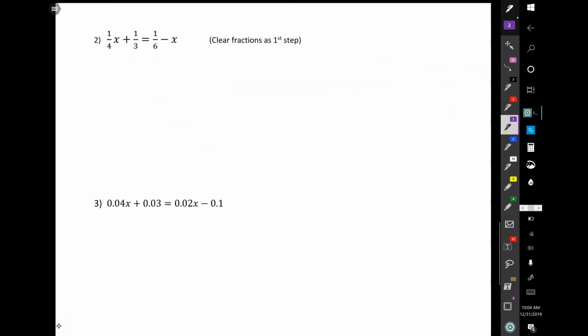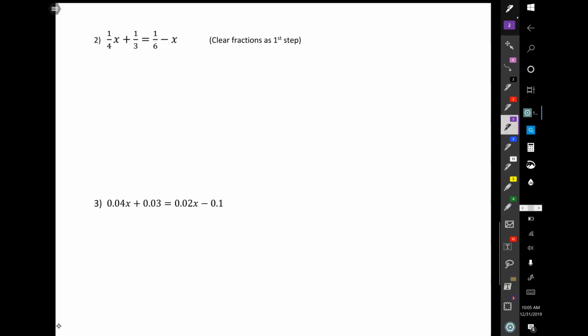Now, problem number 2, we have some fractions to deal with. So we can use a technique called clearing the fractions and get it into a more straightforward problem. So here we have a quarter x plus 1/3 equals 1/6 minus x.